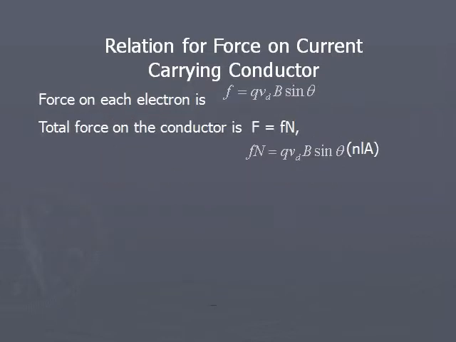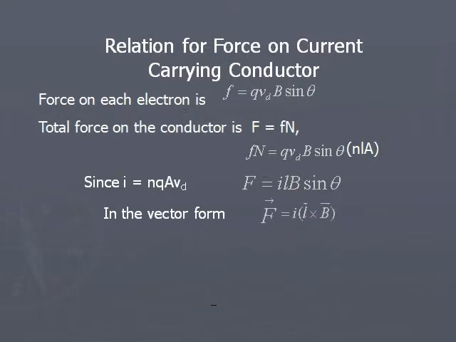But we have shown that the current I is equal to nQAVd. Substituting the value of current I, we get capital F is equal to ILB sin theta. This relation can be expressed in vector form as F bar is equal to I into L bar cross B bar.